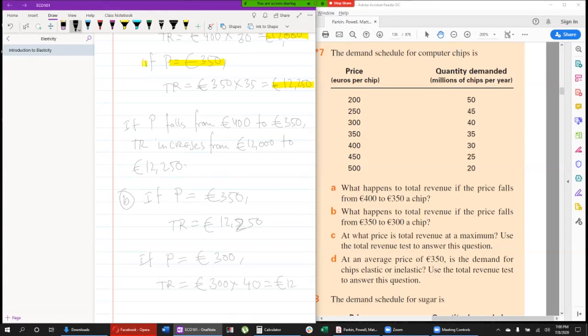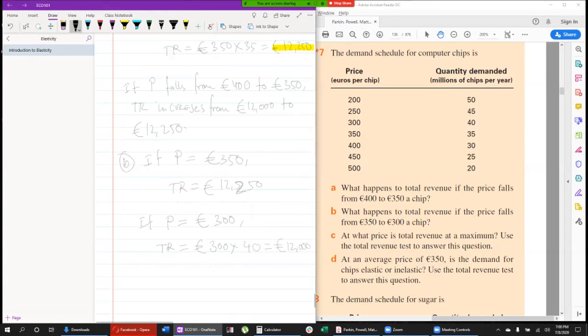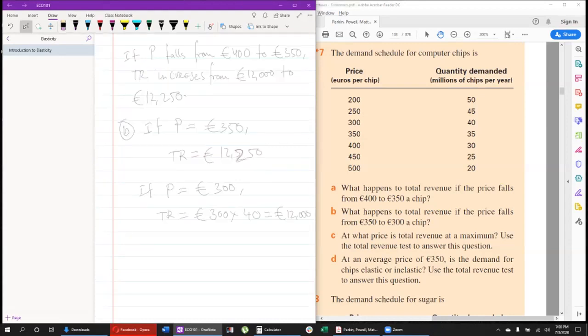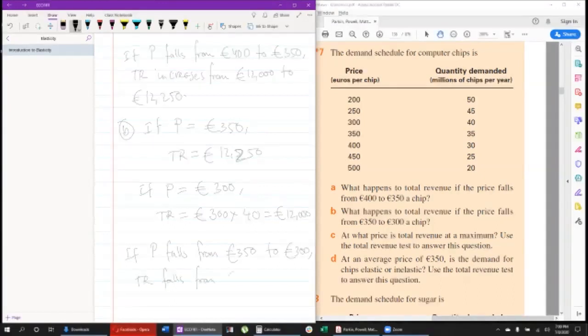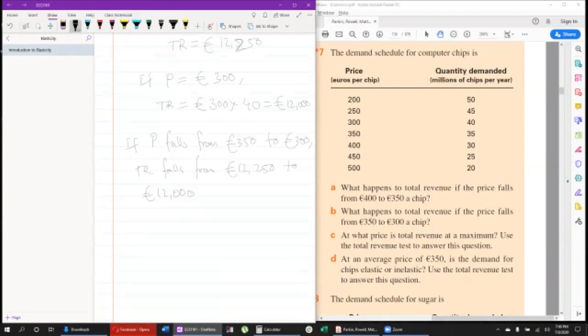And that gives us 12,000. So once again, we have to write down the answer. If price falls from 350 to 300, total revenue falls from 12,250 to 12,000. That is the end of part B.